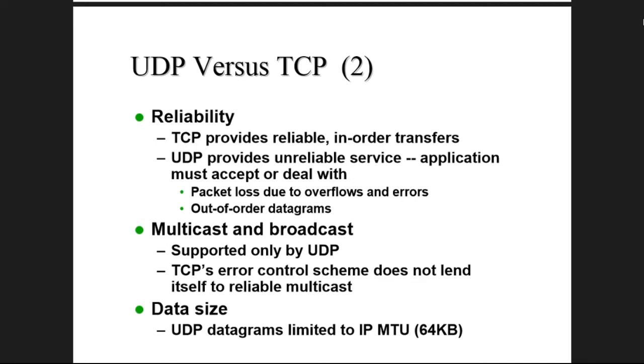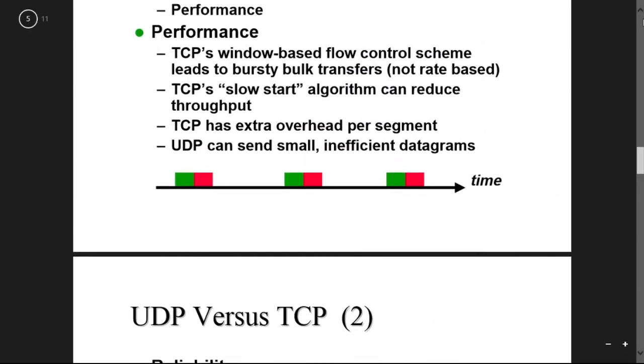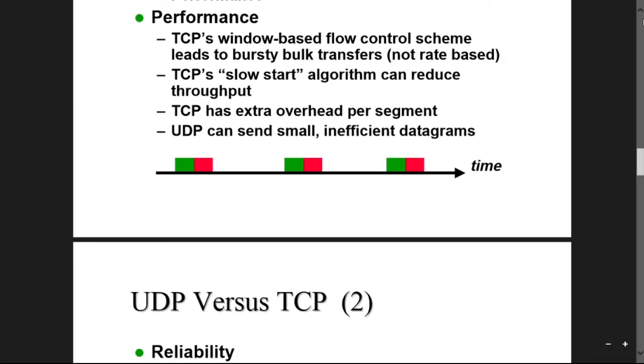The difference between UDP and TCP is very important in your curriculum, so you have to remember that. You have to judge the performance of UDP and TCP at first. According to performance, UDP is better, because TCP sends bulk data and there is no transfer rate.